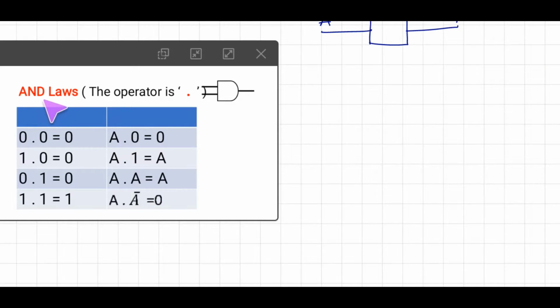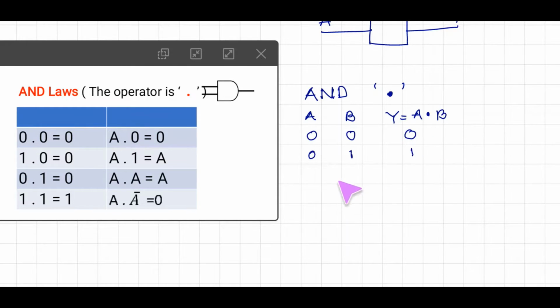So to understand, let us consider AND laws, and the operator is AND operator. We know that AND gate has an operator that is AND operator, and that we already saw in truth table. Suppose A is input, B is input, and Y is equal to A and B. So 0, 0, output is 0; 0, 1, output is 0; 1, 0, output is 0; and 1, 1, output is 1.